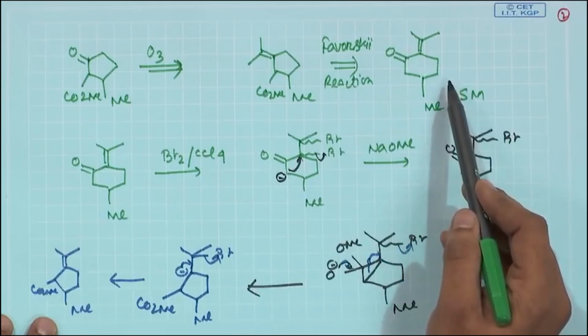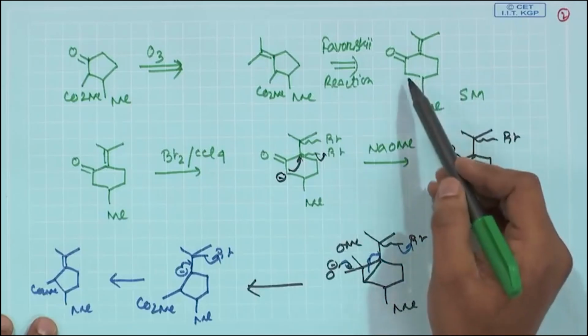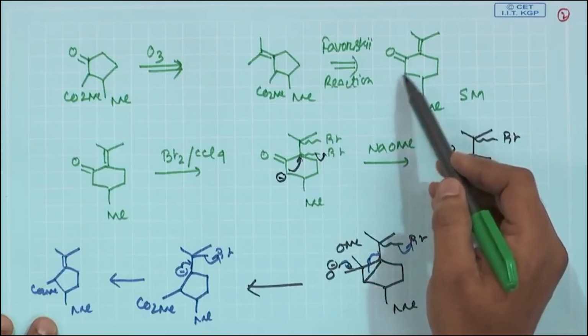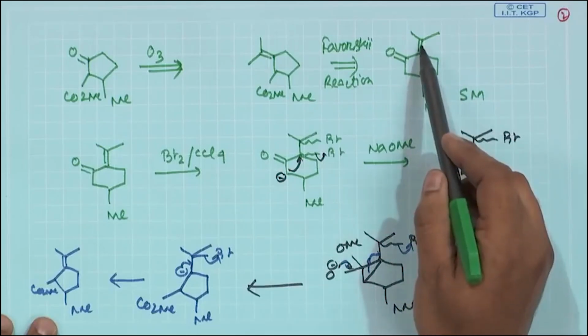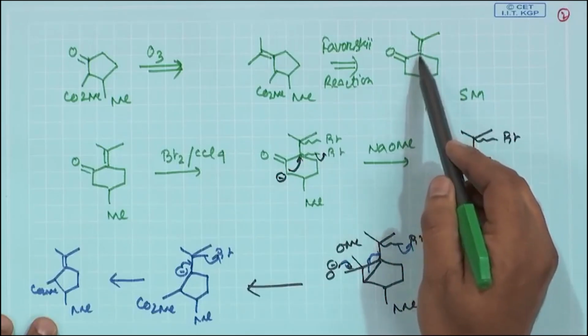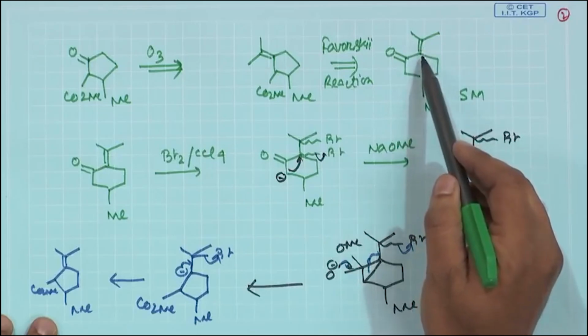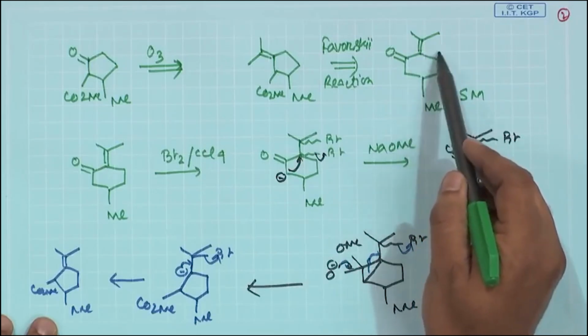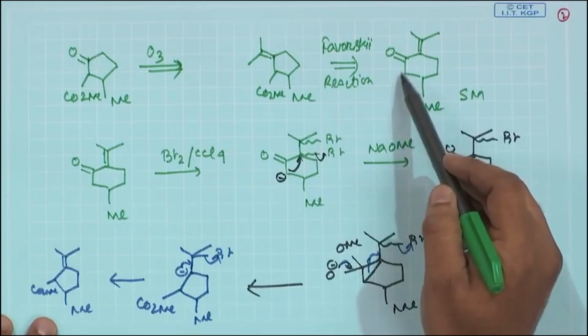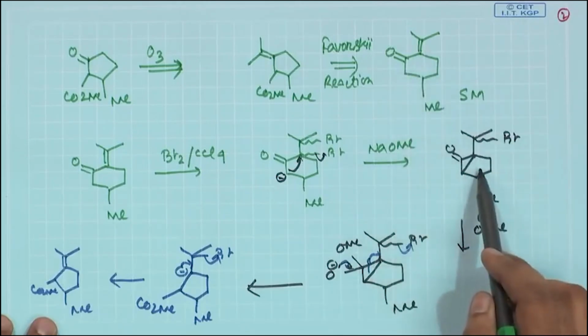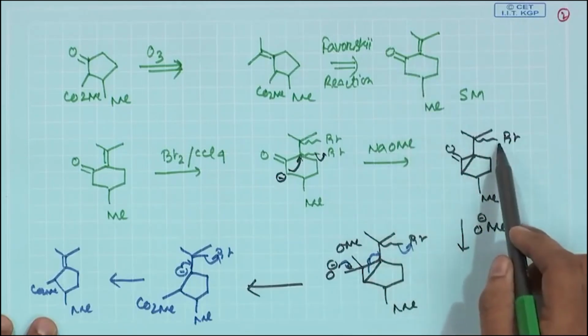A normal Favorsky reaction is fine, you can always start by taking an alpha bromo ketone and subjecting it to base, but here the starting material has an extra olefinic unsaturation. That is where we do the dibromination, these things and these things. Then once you generate the carbanion, that will give the cyclopropanone. Now, one bromine is still there.